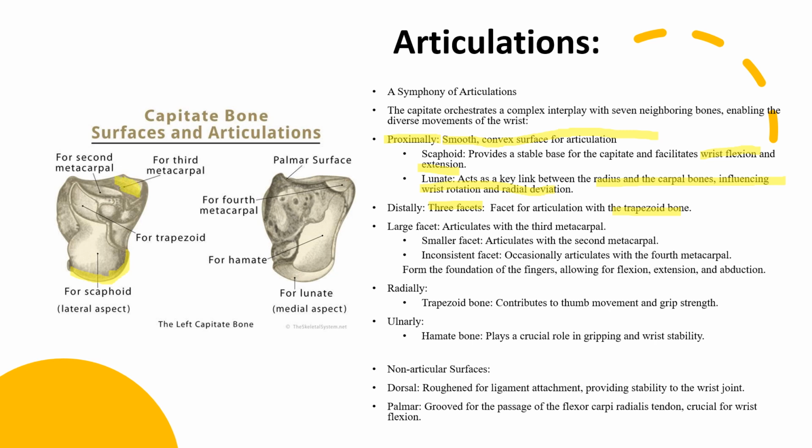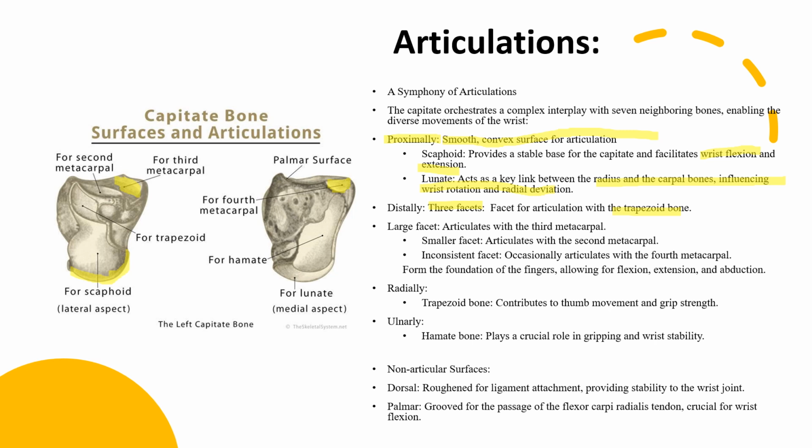There is an inconsistent, small facet that articulates with the fourth metacarpal, and they form the foundation of the fingers, allowing for flexion, extension and abduction at the metacarpal joints.